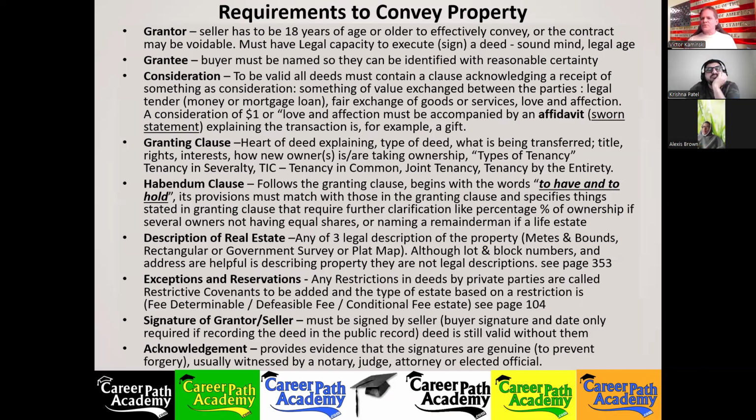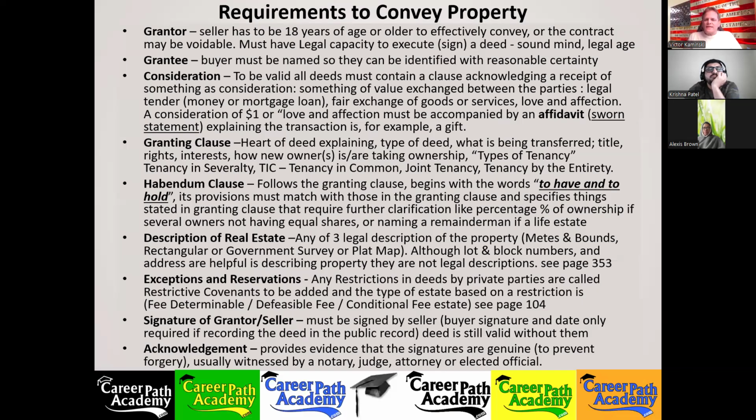There has to be some sort of consideration, just like with contracts. In order for a deed to be valid, it must state the consideration, and it has to have a clause acknowledging the receipt of that consideration, something of value exchanged between the parties: legal tender, that's money or a mortgage loan, a fair exchange of goods or services, or love and affection.